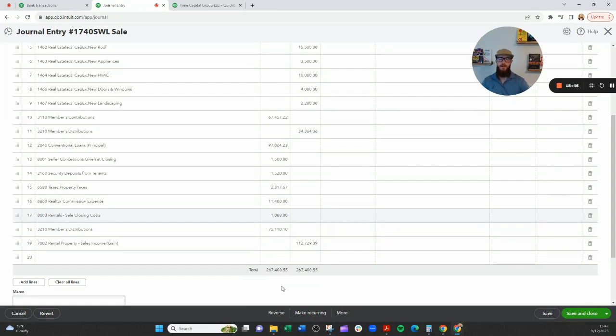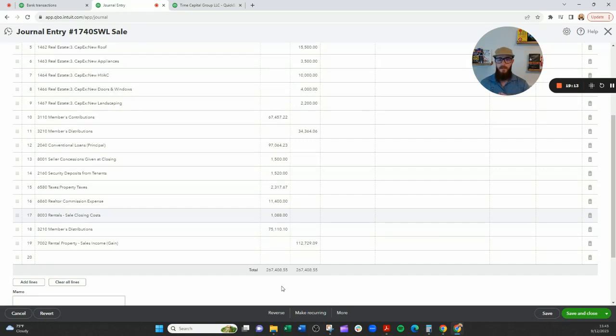I like these items to show up towards the bottom of the income statement because I don't consider it normal for us as real estate investors, or our clients, to sell rental properties, right? We hold rental properties for the long term, but when we do decide to sell one, we still account for it in this way. But that's just a personal preference of mine.